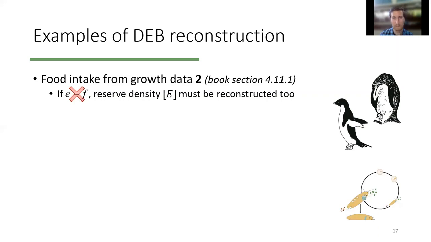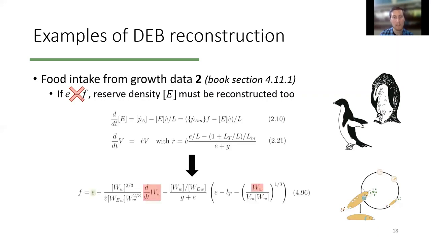And this complicates our problem a little bit, because we have then to not only take care of the structure state variable, but also the reserve, and in this case, in particular, the reserve density.